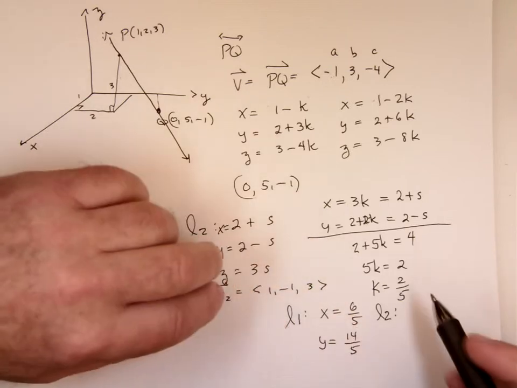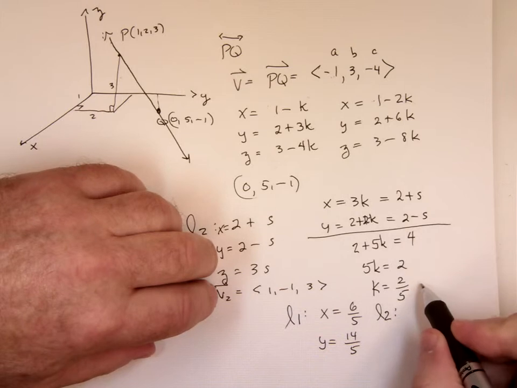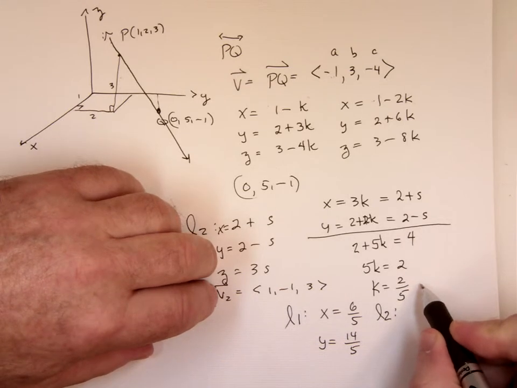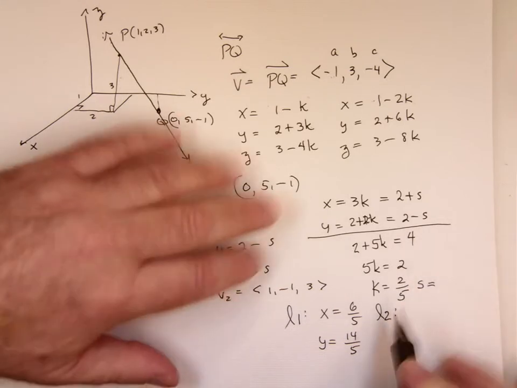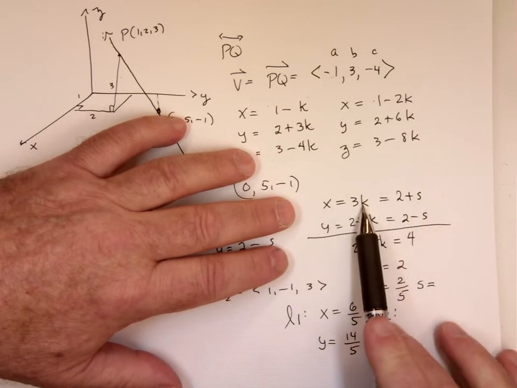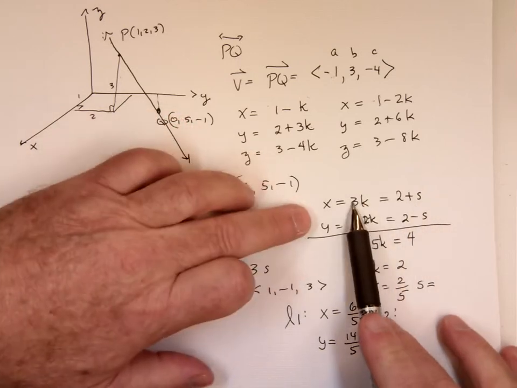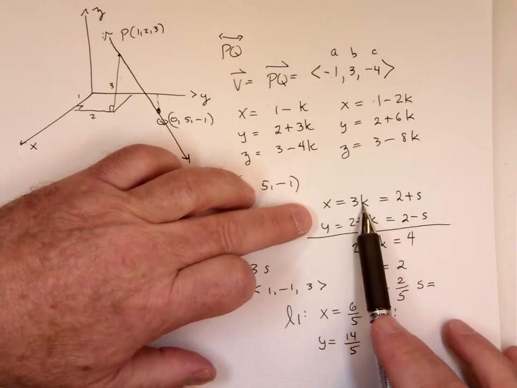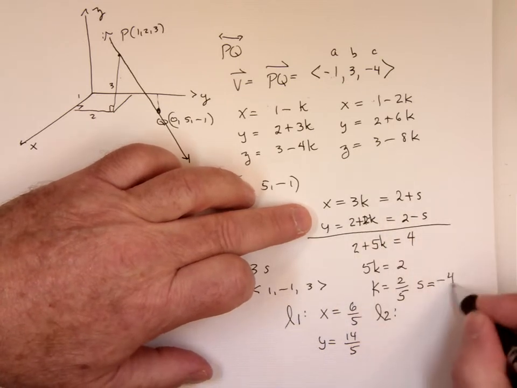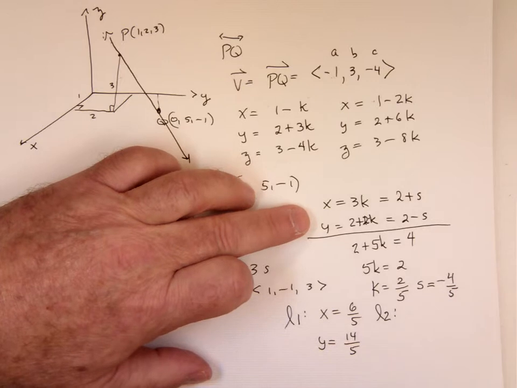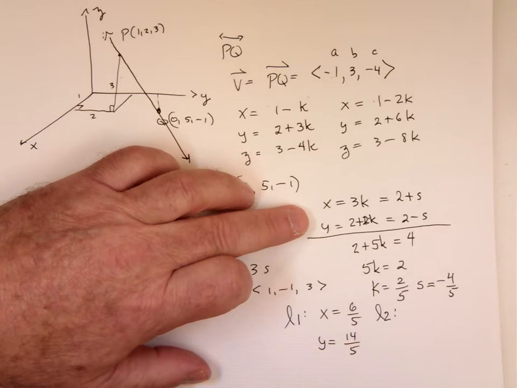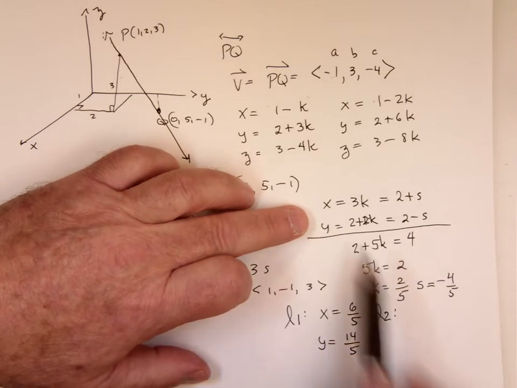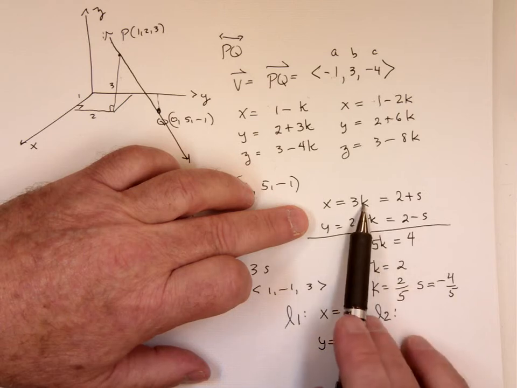When k is 2/5, let's find out what s is. S is equal to, at this time, well, if k is 2/5, put in 2/5, you get 6/5. Subtract 10/5, you get negative 4/5, I think. Is that about right? I think so. Okay, just take the k, put it in here, 6/5, put a negative 4/5.